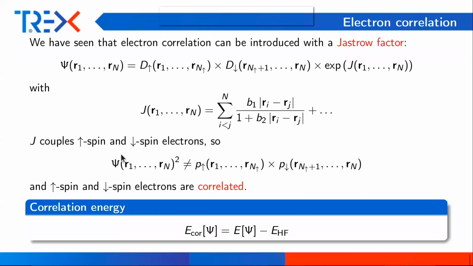So now when you look at the 3N dimensional density, you see that the upspin are no more independent from the downspin, and so the electrons are now correlated. And we define the correlation energy as the difference between the energy of the wave function and the Hartree-Fock energy. It's just a definition. For correlation energy, we always take Hartree-Fock as the reference.